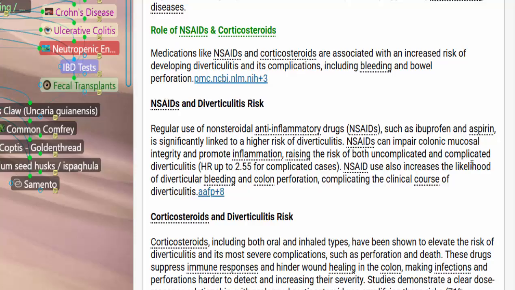Regular use of non-steroidal anti-inflammatory drugs like ibuprofen and aspirin is significantly linked to a higher risk of diverticulitis. NSAIDs can impair colonic mucosal integrity and promote inflammation, raising the risk of both uncomplicated and complicated diverticulitis. It also increases the likelihood of diverticular bleeding and colon perforation.